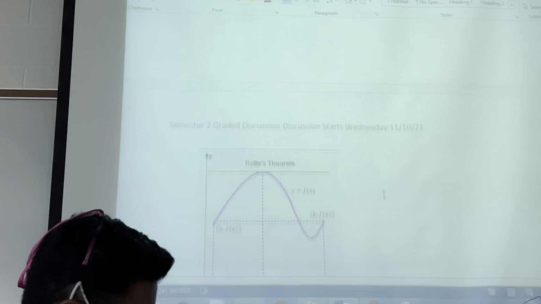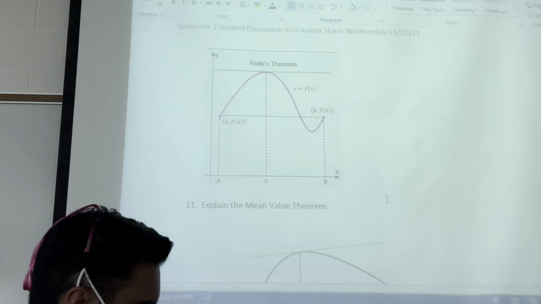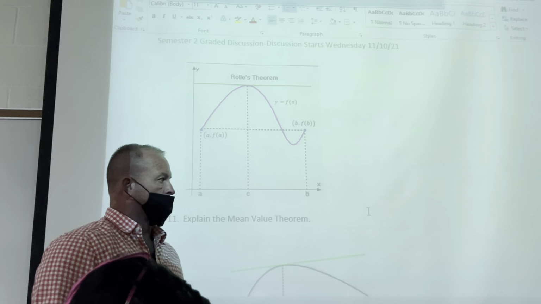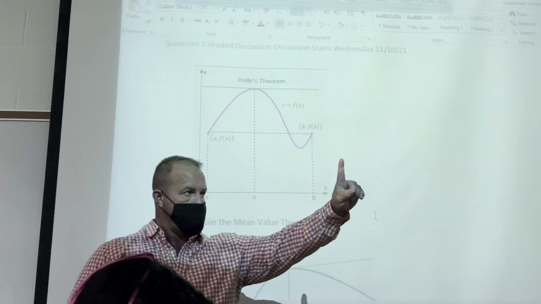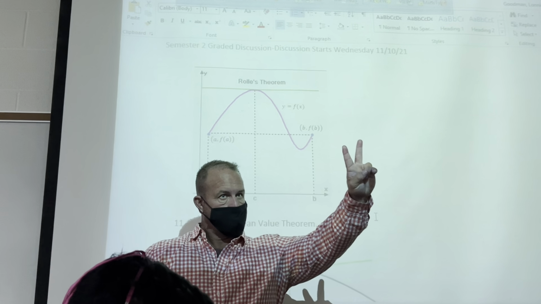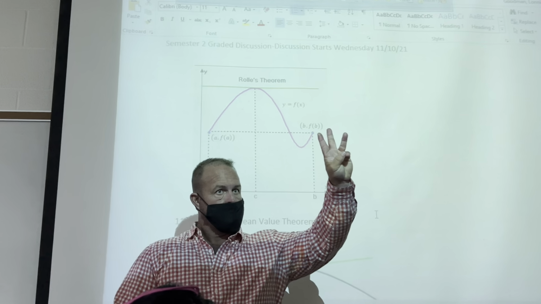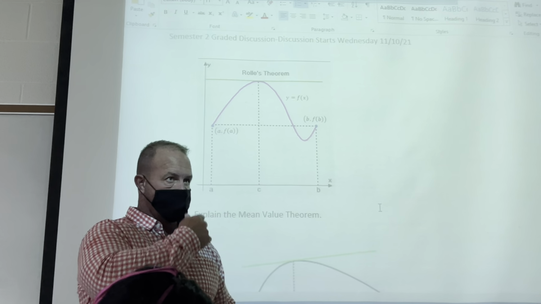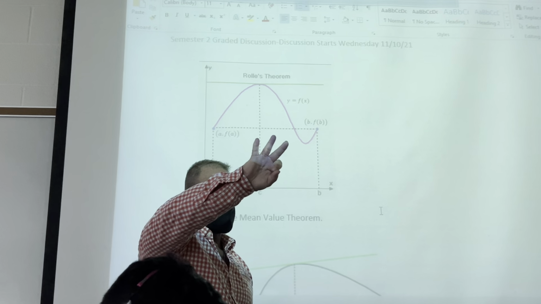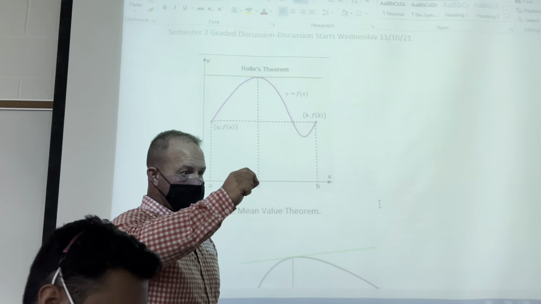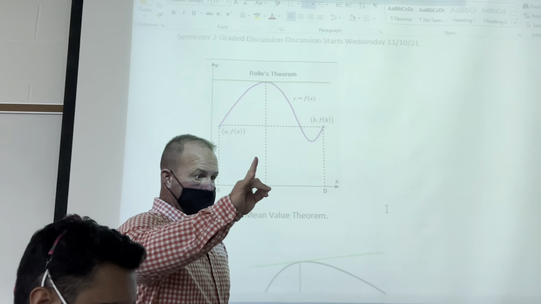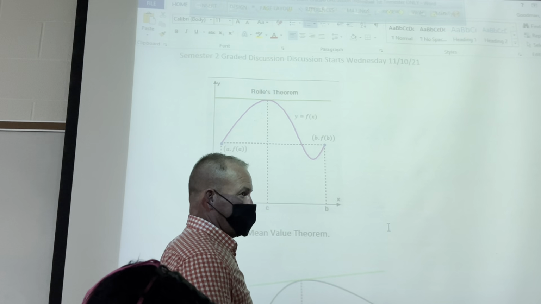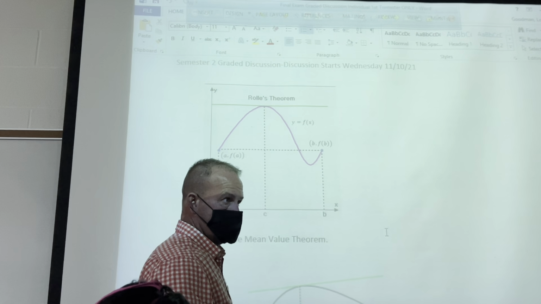Rolle's theorem. When we're looking at Rolle's theorem, you have to have three conditions. F has to be continuous over the interval, has to be differentiable over the interval, and f of A has to equal f of B. If all three of those conditions are true, there exists at least one point where the slope of the graph is equal to 0, or it has a horizontal tangent.